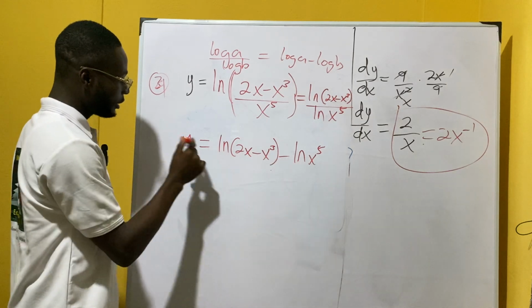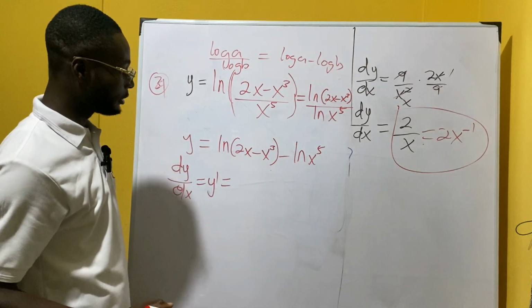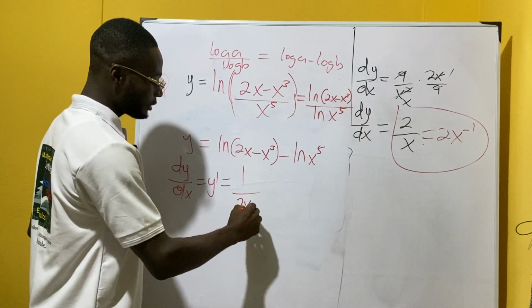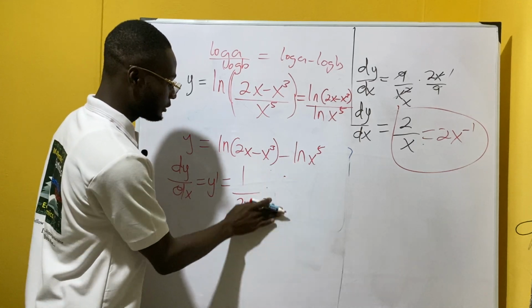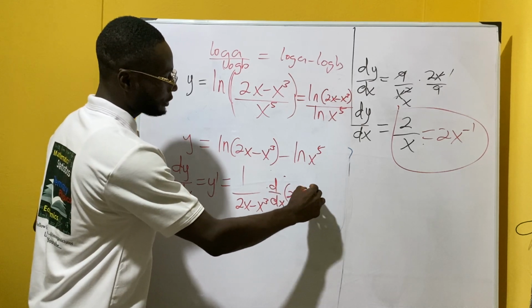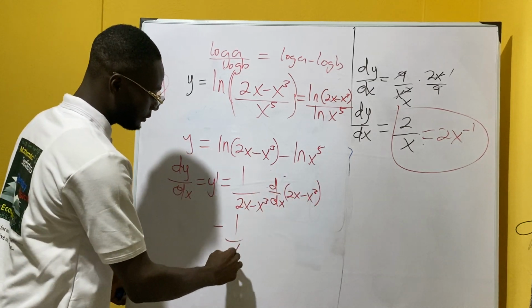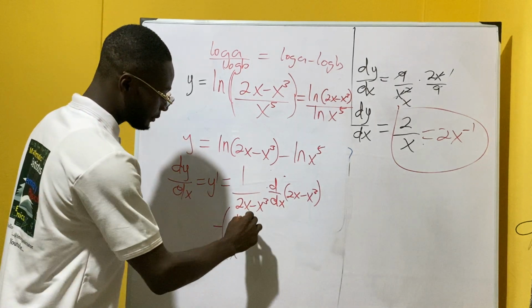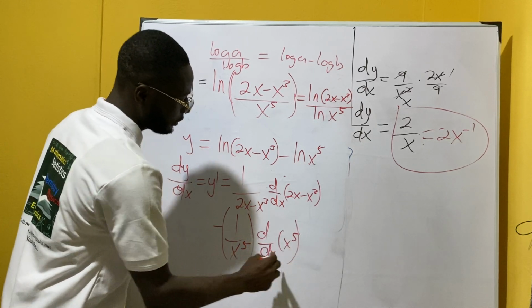So we are using the same principles or properties over here. If this is true, then the derivative of this here is going to be, as usual, 1 over (2x minus x cubed), then the differential of the inner, which is d/dx of (2x minus x cubed), minus 1 over x to the power 5, then the differential of x to the power 5.